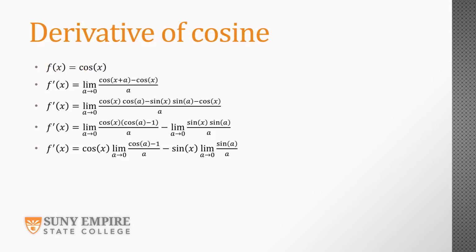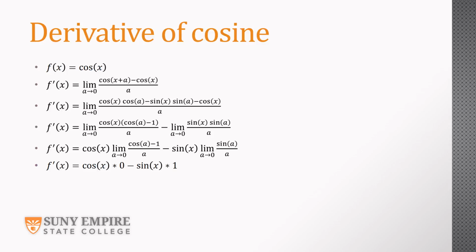Moving the independent functions to the fronts of the limits, we have cosine of x multiplied by the limit as a approaches 0 of the quantity cosine of a minus 1 divided by a, minus the sine of x multiplied by the limit as a approaches 0 of the sine of a divided by a.